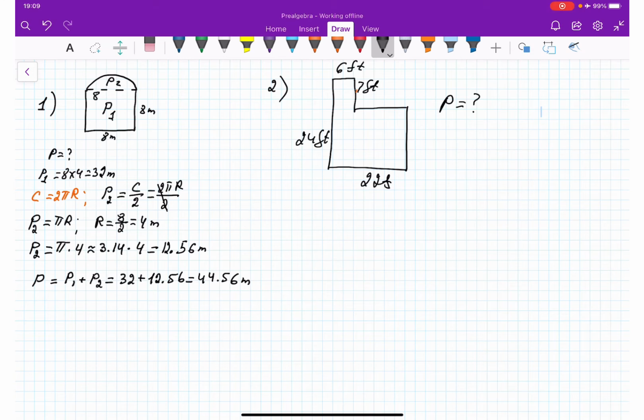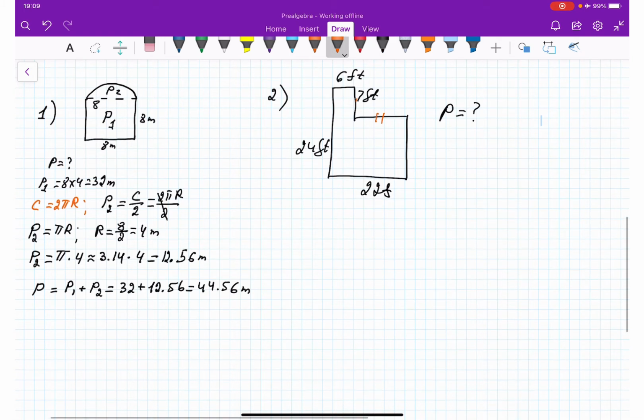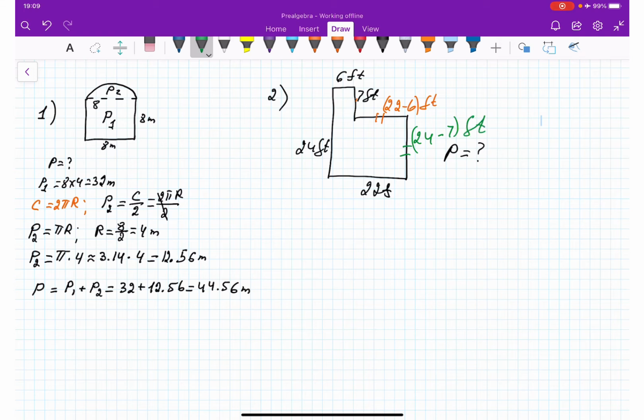Okay, so let's see. To calculate perimeter, we are going to add all sides, right? So we need to find this side because this piece is not given. That is going to be 22 minus 6 feet. And this piece is going to be 24 minus 7 feet, right?